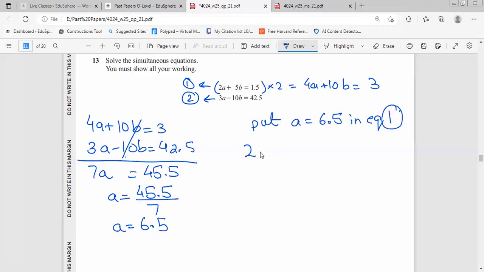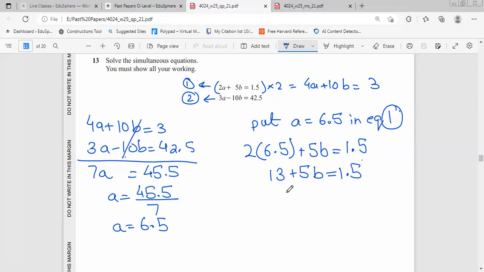So I'm putting in 2 times a, which is 2 times 6.5 plus 5b equals 1.5. So 2 multiplied by 6.5 is 13, plus 5b equals 1.5, and 5b equals 1.5 minus 13.